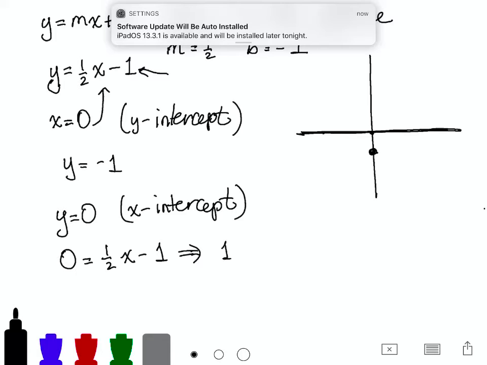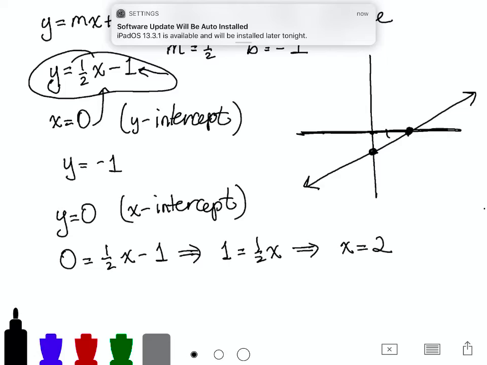So then we bring the 1 over. 1 equals 1/2 x, which means that x equals 2. So when y equals 0, x equals 2. So (2, 0). So there you have it. The line that goes through these points is represented by the equation y equals 1/2 x minus 1.